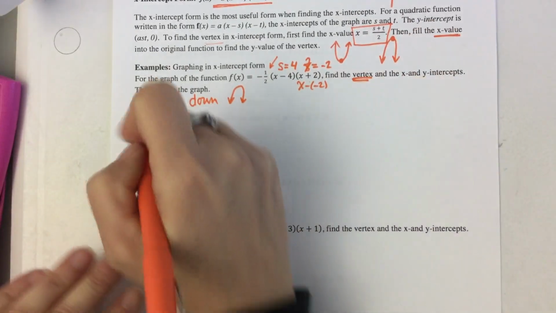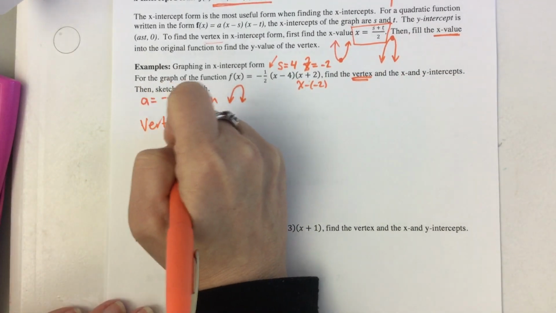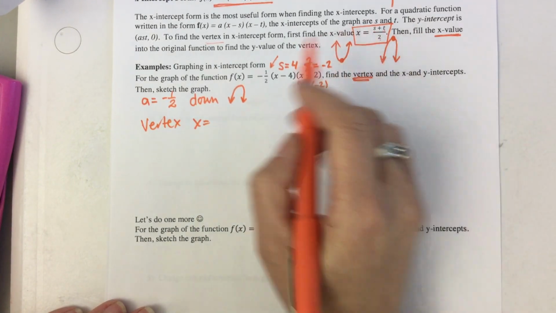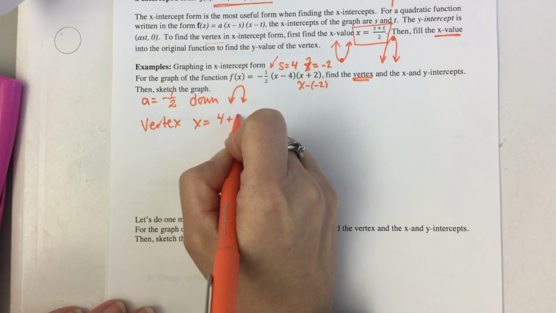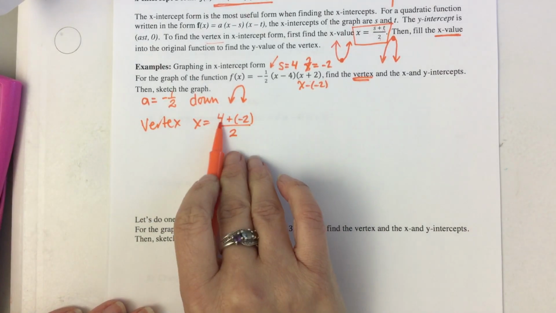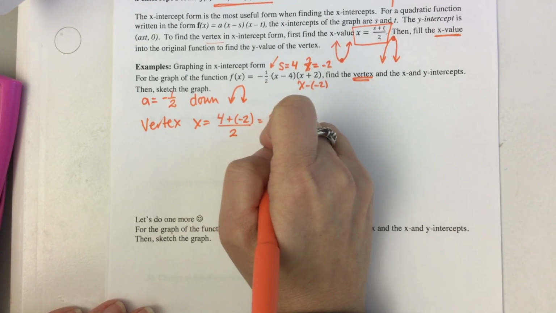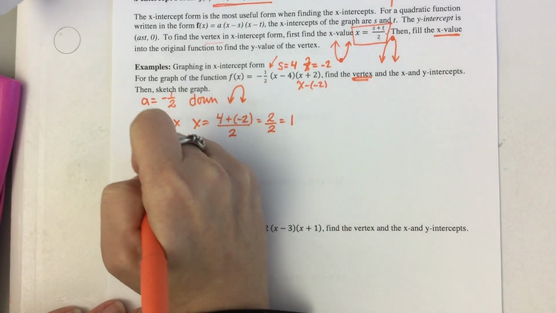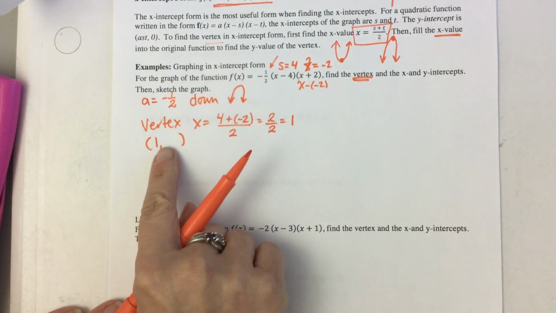So when I go to find the vertex, you take s plus t and divide it by 2. So s is 4 plus t is -2, and you divide it by 2. Positive 4 plus -2 is positive 2 over 2. So x equals 1. So my vertex, x is 1.